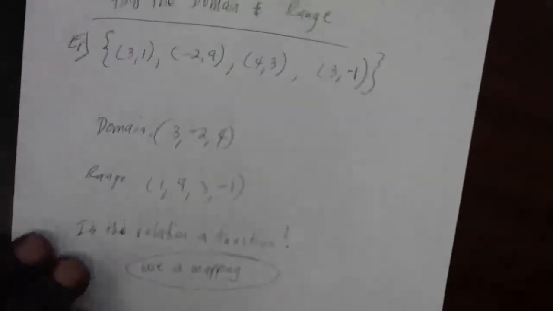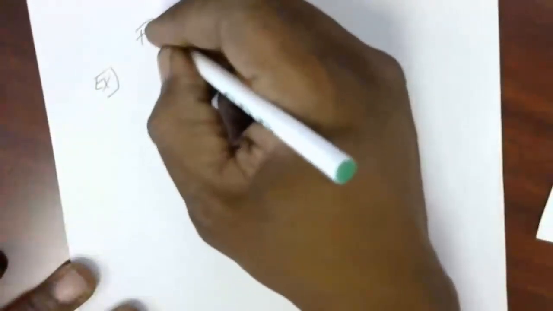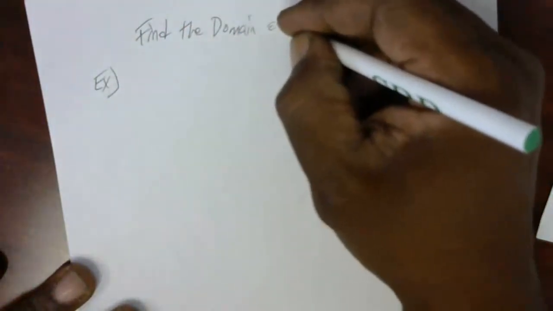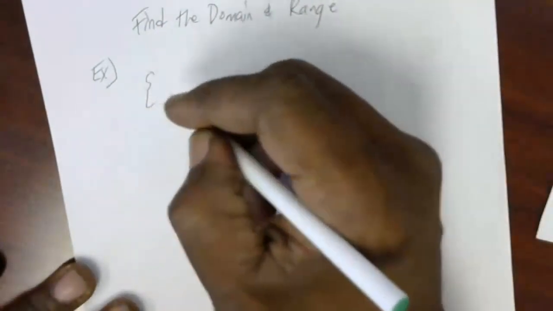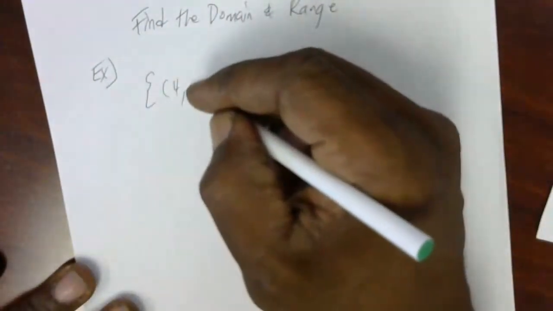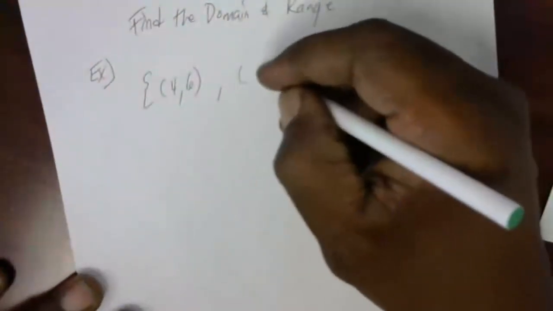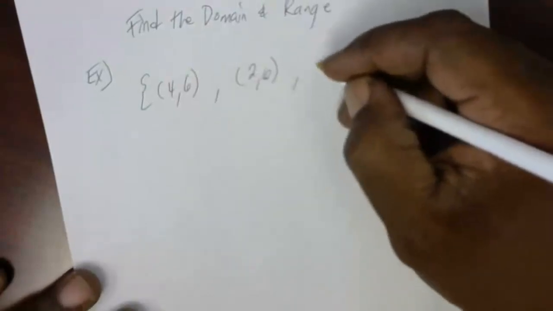All right, let's take a look at another example. All right, so same directions, find the domain and range. So here we have 4, 6. We have 2, 6.